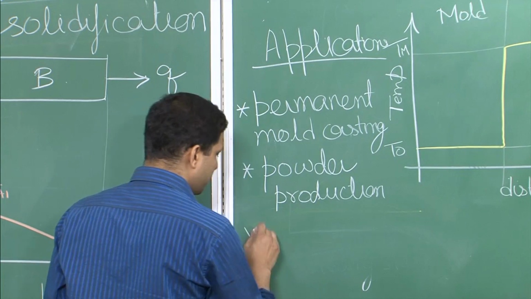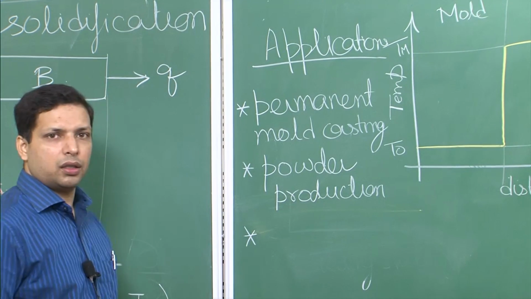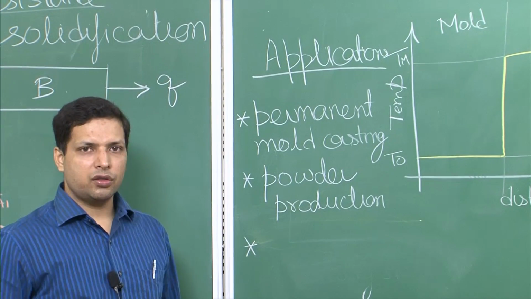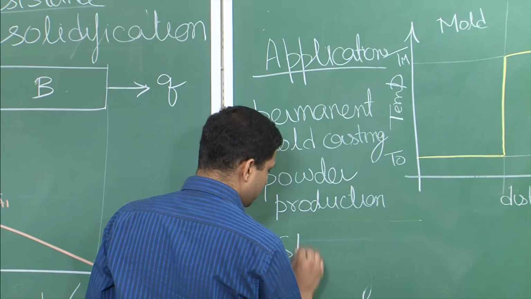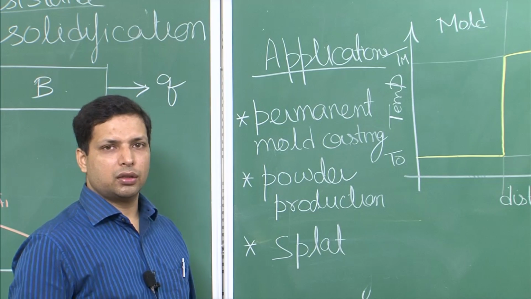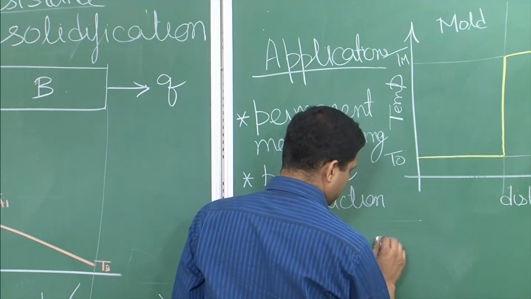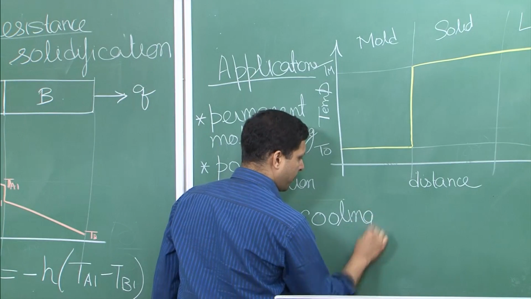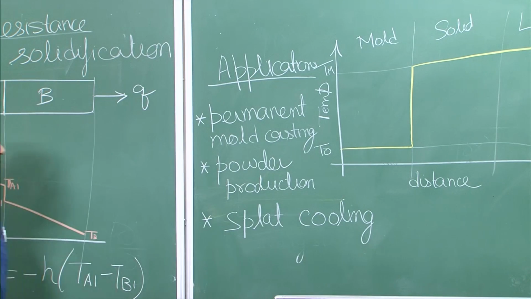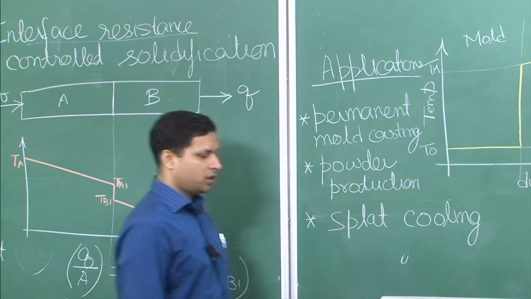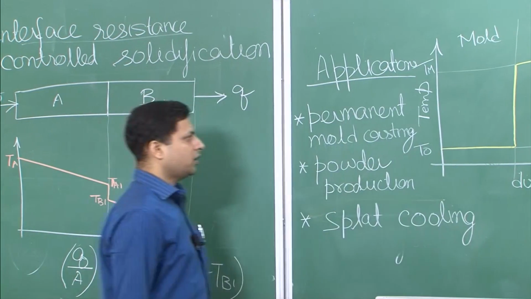And another very important scenario that we discussed when we were talking about different kinds of casting was splat cooling, which is used in applications like coating, thermal coating barriers. So these are the important places where you would see the application for this kind of interface resistance dominated solidification.